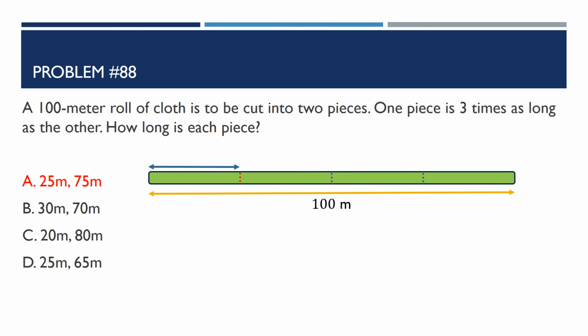Now this part is the one we are looking for, and then the remaining will be the 3 parts, or 3 times the first one, which is also missing, and we're going to compute that later. So using this illustration, we will understand that if you add the x and 3x, it will sum up to 100 meters. So let us solve this.